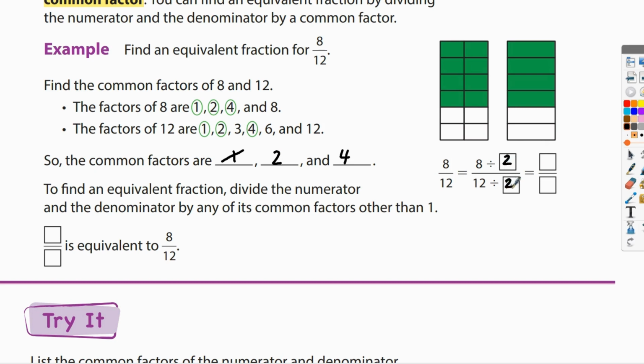And yes, again, I could have used the 4. 8 divided by 2 is 4. 12 divided by 2 is 6. If I look at this fraction, it matches this image right here. This is 4 out of 6. Now, I could say that 4 out of 6 is equal to 8/12.